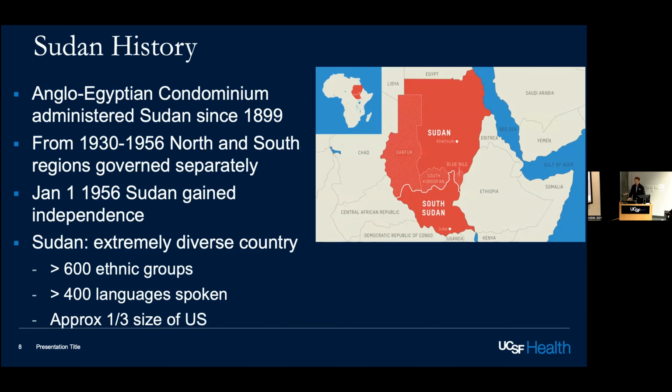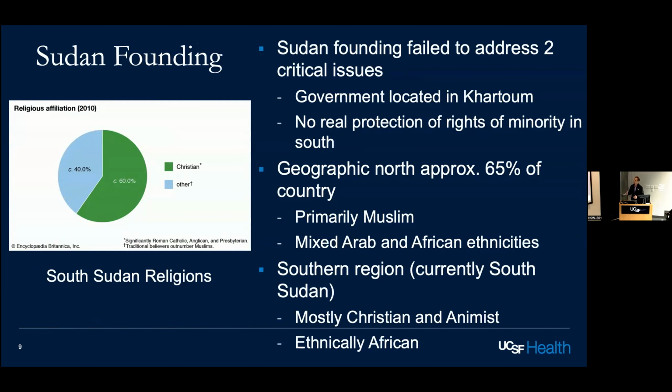And when they founded it, there were two big issues that led to its current problems. And the government was located in Khartoum up in the north. And there was no real protection of minority in the south. And the north and the south of Sudan are vastly different. Basically, the north occupies about 65% of the country, primarily Muslim, and basically the ethnicities are kind of mixed Arabic and African, but the southern region is basically ethnically African, and the religions are mostly Christian and animist.